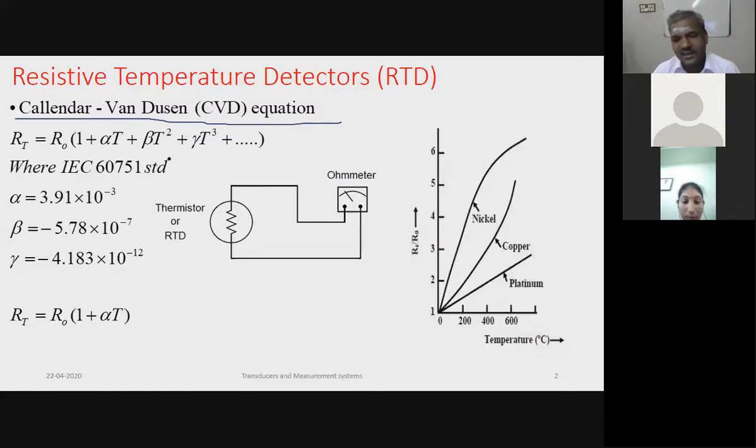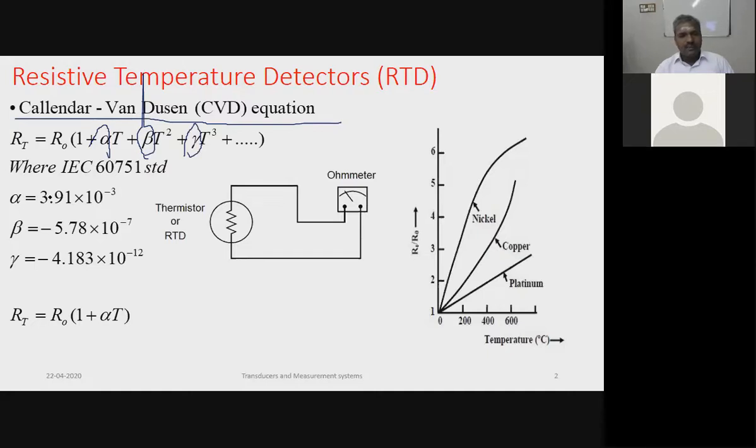They devised the various temperature groups. Here the alpha, the beta, the gamma, these three are temperature coefficients of the metal. According to this standard, they devised the temperature coefficients for platinum.